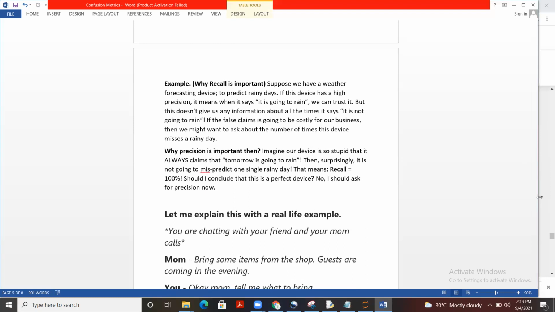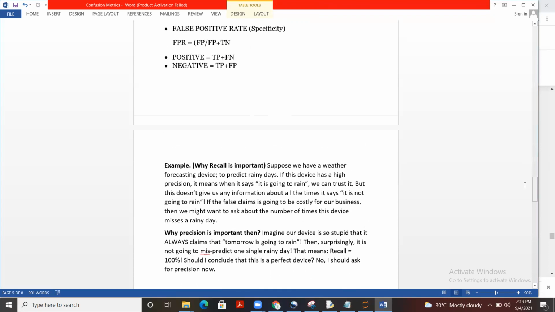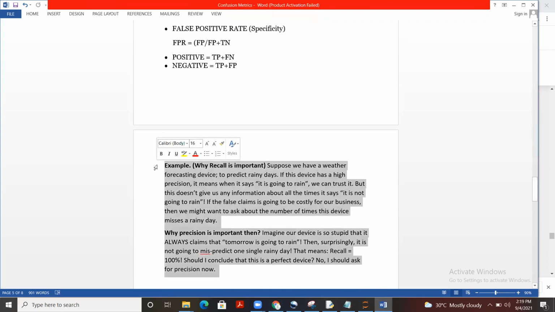Now let's talk about two important concepts here: why recall is important and why precision is important. We are going to take two examples. So why is recall important? Suppose we have a weather forecasting device and we need to predict rainy days.